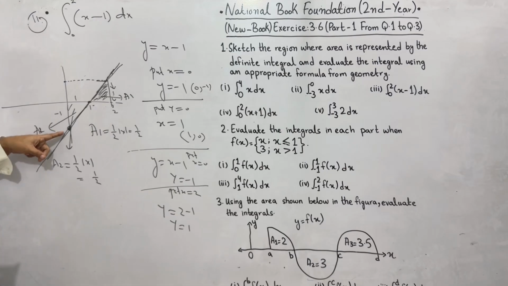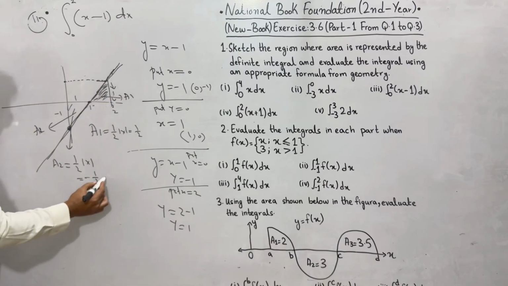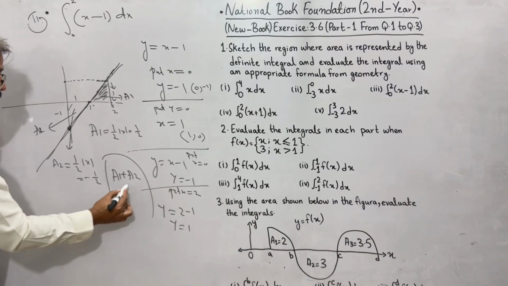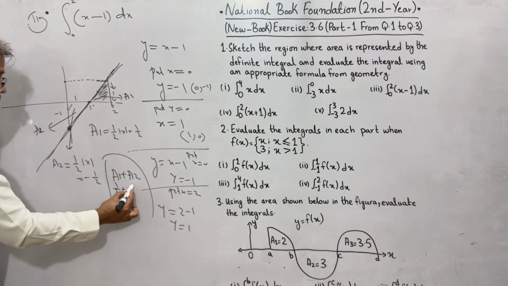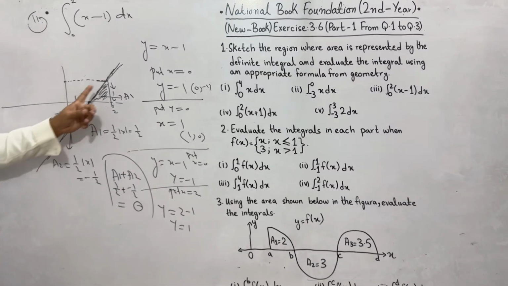As it is below the x-axis, respect it, it's negative. So the lump sum area is going to be the sum of both A1 plus A2. 1 over 2, negative 1 over 2 cancel out. 0 is our lump sum area in that case.